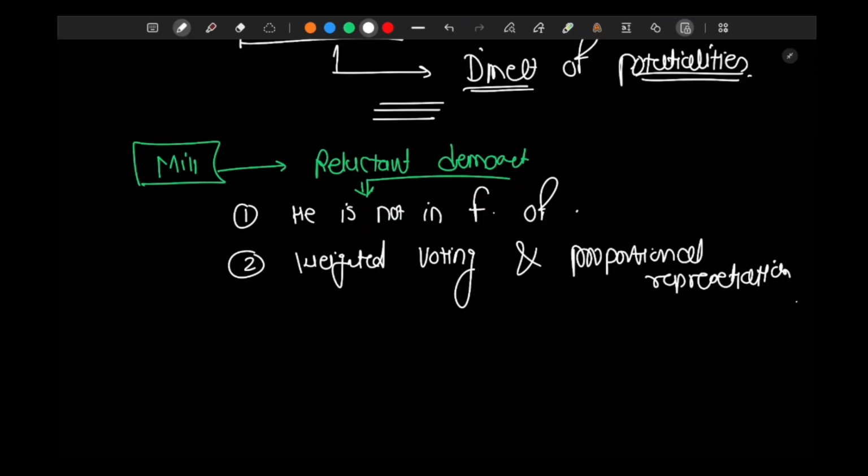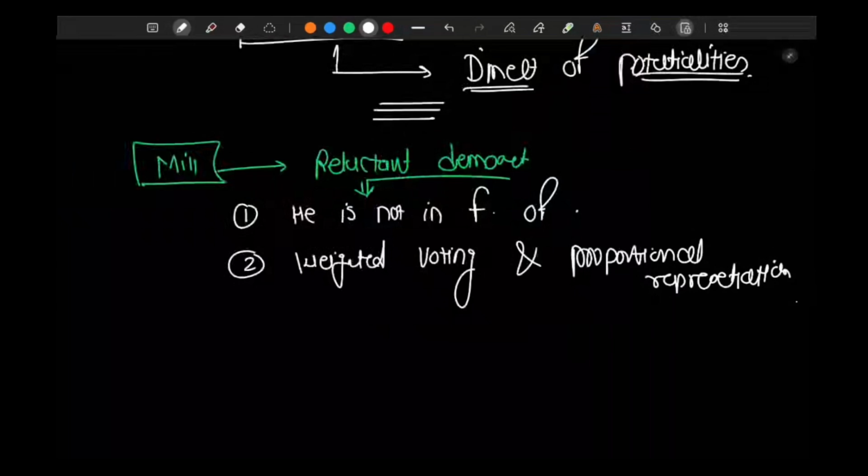Democracy cannot function according to Mill if it leads to participation of a lot of masses, because masses are, according to Mill, dumb. So that is the idea.